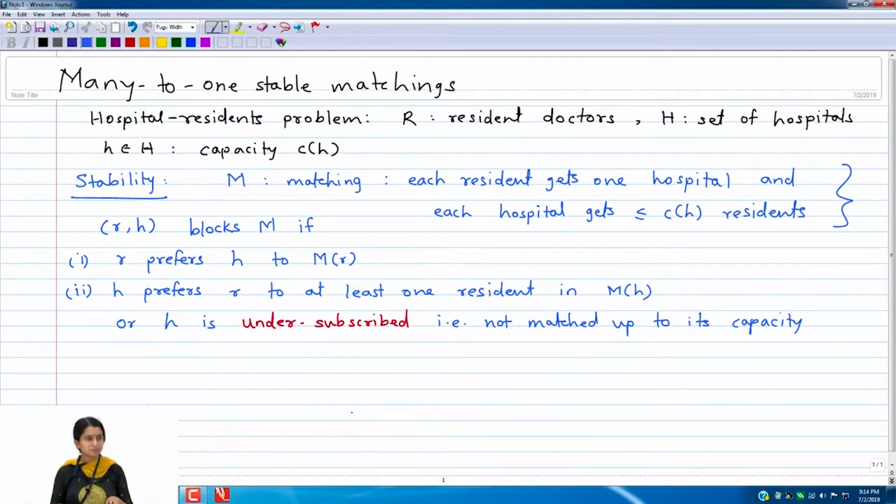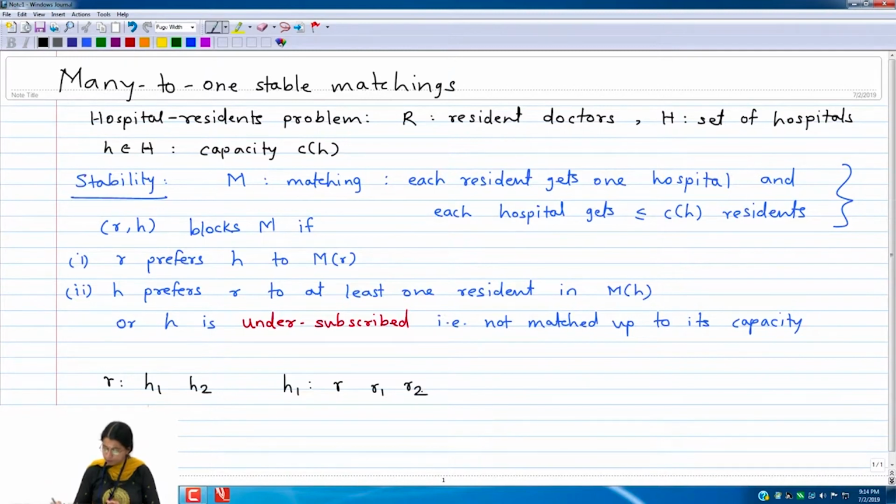Okay, so let me write down one example of this sort. Suppose R prefers H1 more than H2, then H1 prefers R, let's say, over R1 and R2, who are the residents. For R1 and R2 let's say the rest, we just allow incomplete lists.